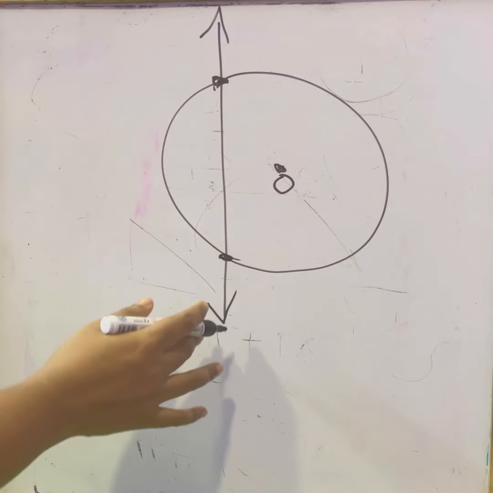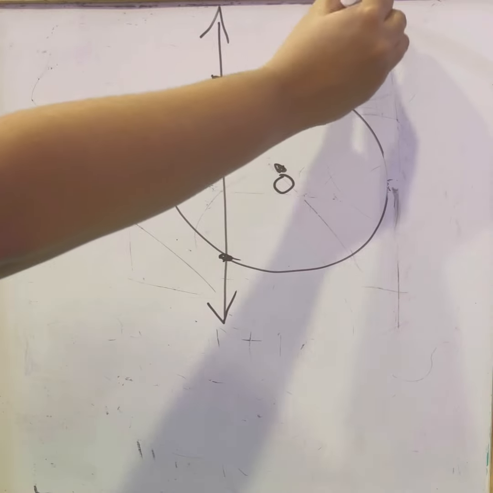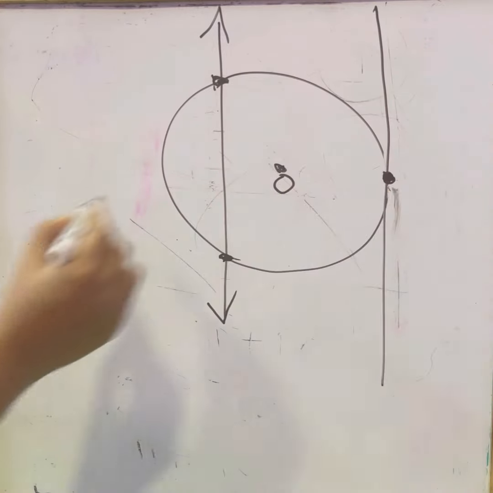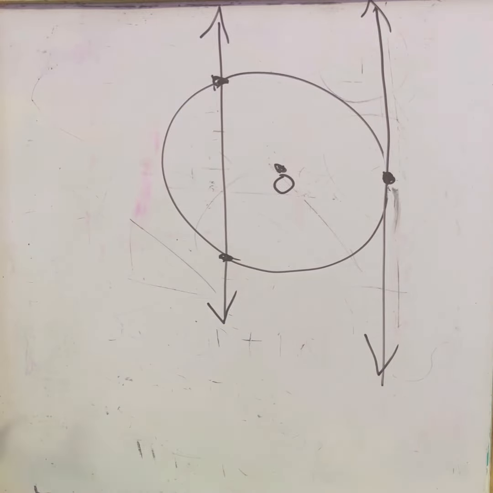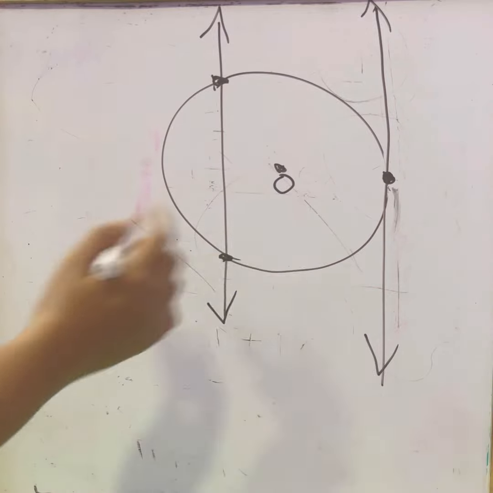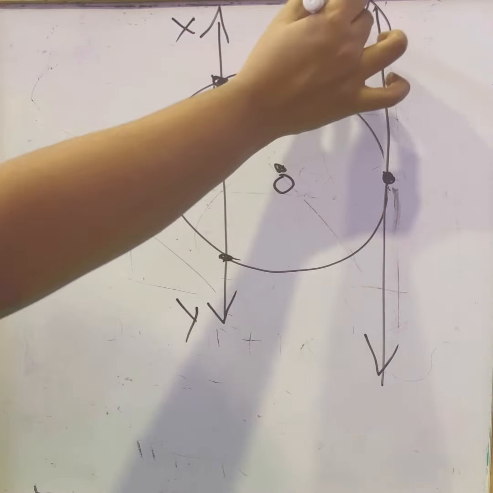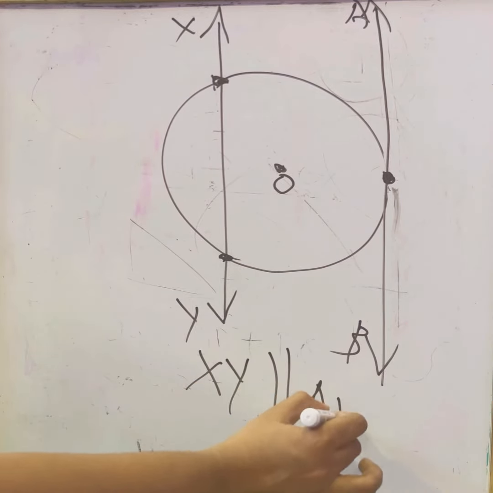In a secant there will be two intersecting points on the circle, and for a tangent we have only a single intersecting point, and the condition is that both must be parallel. So this secant and this tangent are parallel. Let us name these XY and AB.